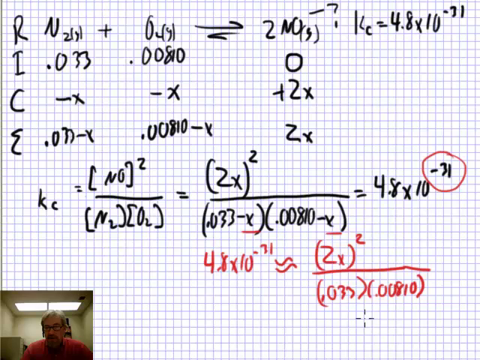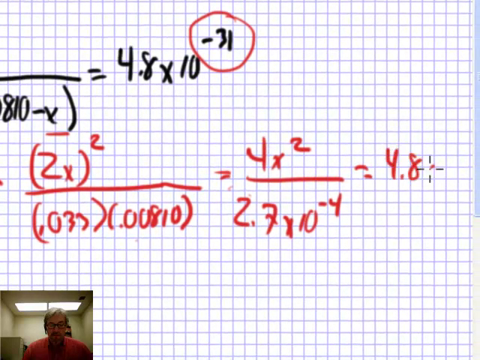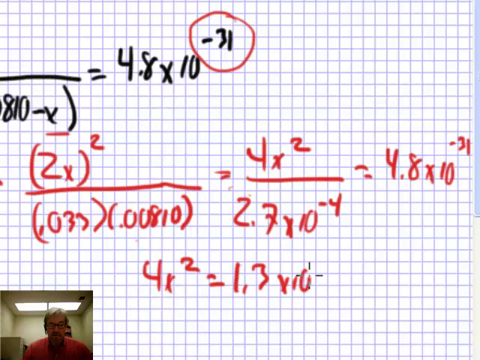2x, the quantity squared, is equal to 4x squared. And if I multiply 0.033 times 0.00810, I get 2.7 times 10 to the negative 4th, and that is equal to 4.8 times 10 to the negative 31st. So, continuing my algebra here, 4x squared is equal to 4.8 times 10 to the minus 31st times 2.7 times 10 to the minus 4th, and that ends up being 1.3 times 10 to the negative 34th.